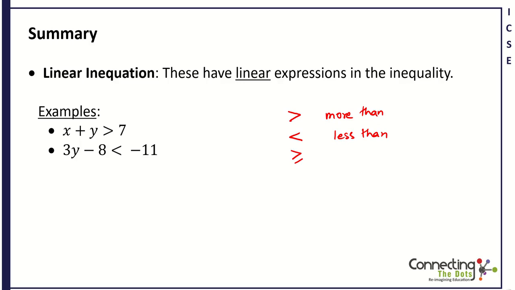This means that it is greater than or equal to. And this finally means less than or equal. So these are the four symbols that are normally used to represent inequations.